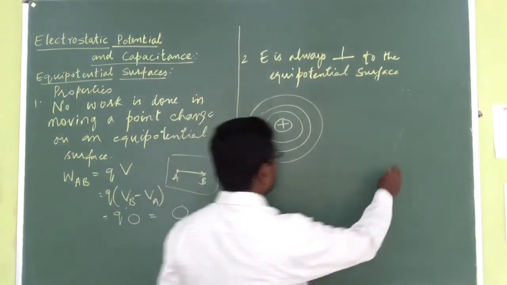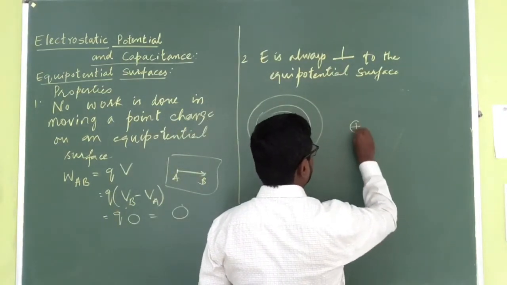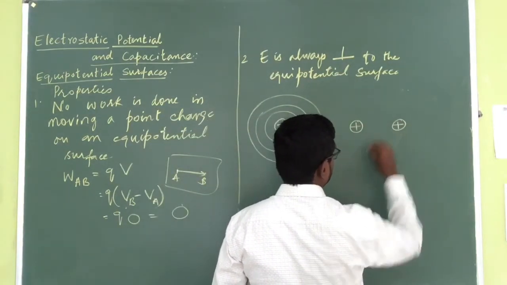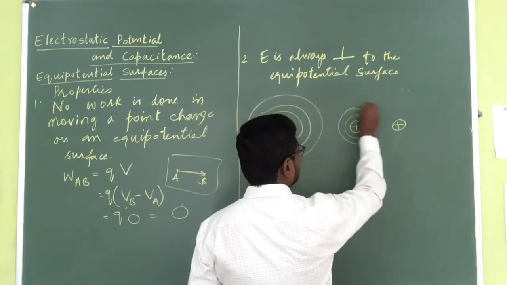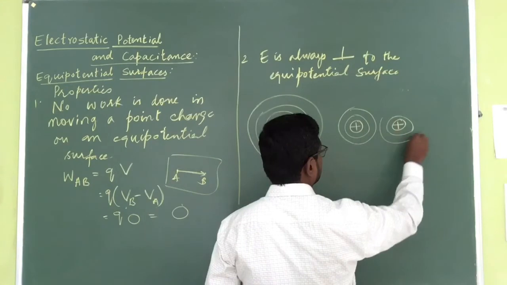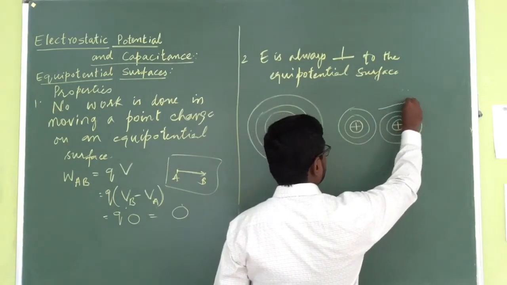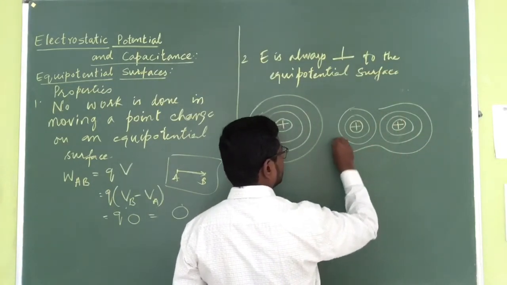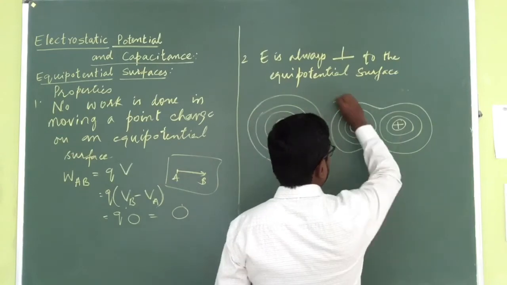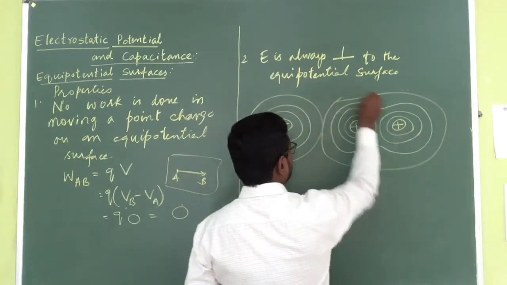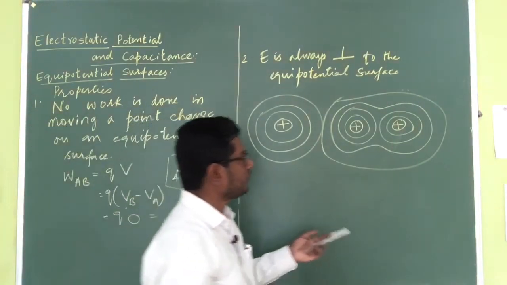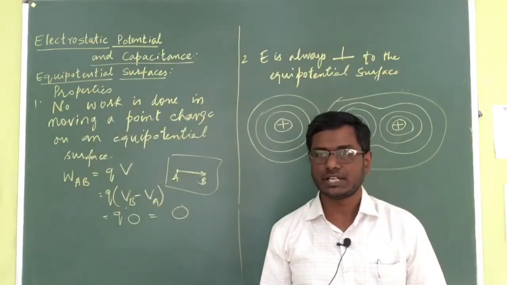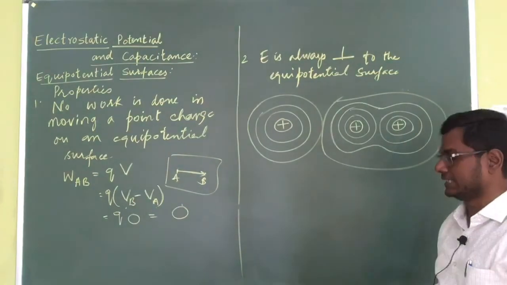Similarly, if I have two positive charges, then the equipotential surfaces near each charge will be independent, but when the lines meet, they are going to look something like this, and further away they join together. So for a pair of positive charges, the equipotential surfaces are going to look something like this.